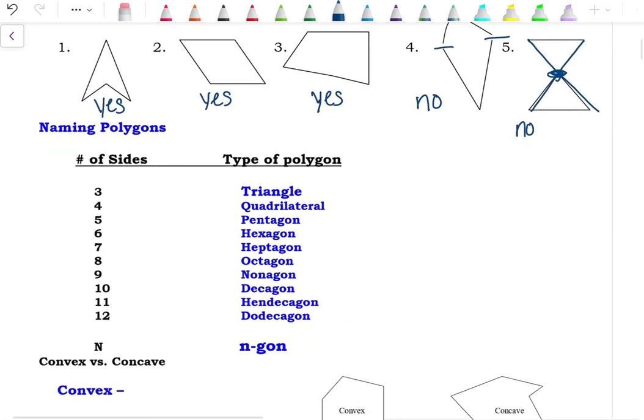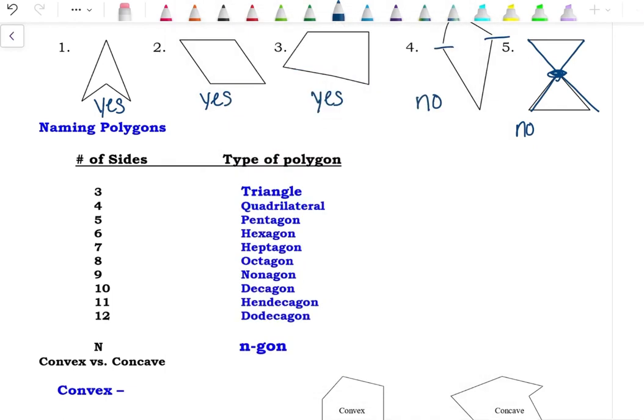Naming the polygons. Each polygon has a separate name. You are most familiar with triangles at this point because we've done a lot with triangles. A triangle is a 3-sided polygon. A 4-sided polygon we call a quadrilateral. 5-sided pentagon, 6-sided hexagon, 7-sided heptagon, 8-sided octagon, 9-sided nonagon, 10-sided decagon, 11-sided hendecagon, 12-sided dodecagon, and we can go on, but if we get more than 12 sides, we'll probably just say like 20-gon or 30-gon, depending on however many sides it has.